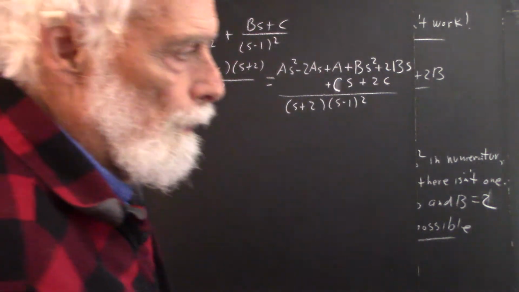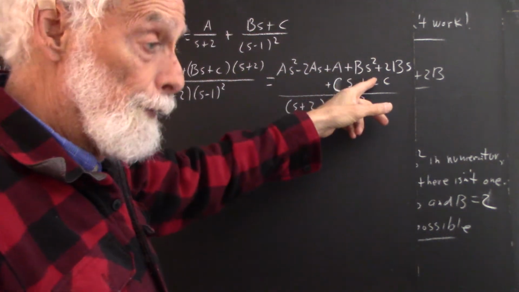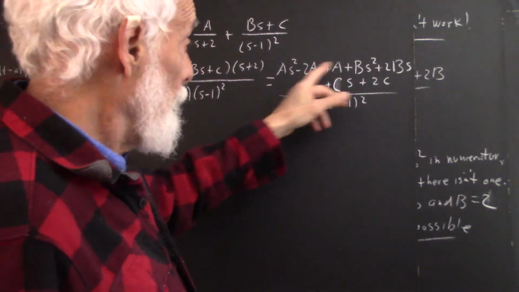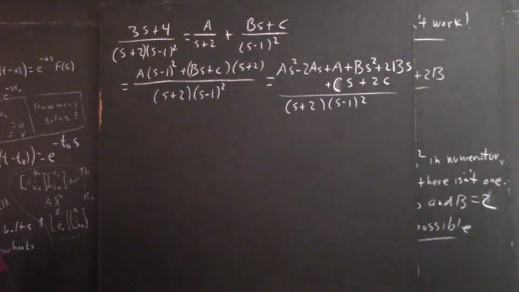Now what we're going to do, and what we always do, is we group all the S squareds, and then all the S's, and then everything that has no S. Okay?